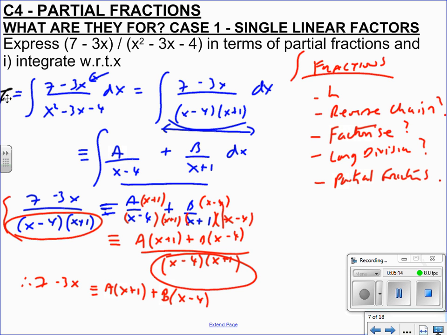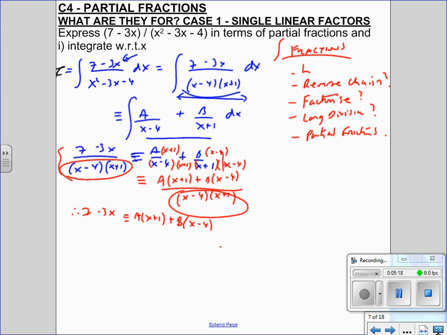And now we need to find out what a and b are by getting rid of our x values, isolating one value. So what we can do is we can say let x equal -1, i.e. what value of x will make that bracket 0. And if I whack in x is -1, I get 7 minus 3 times -1 is the same as this first bracket goes to 0, so b times -1 minus 4.